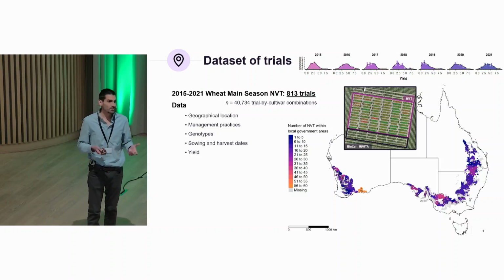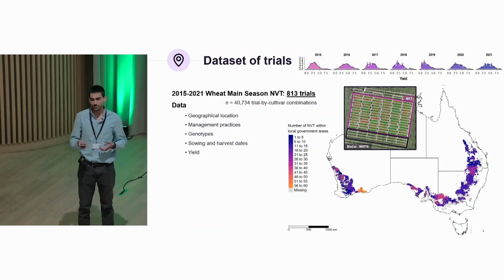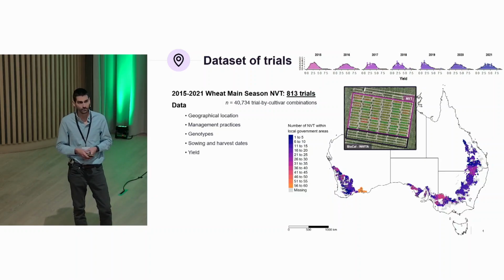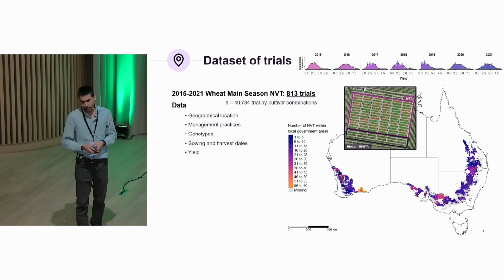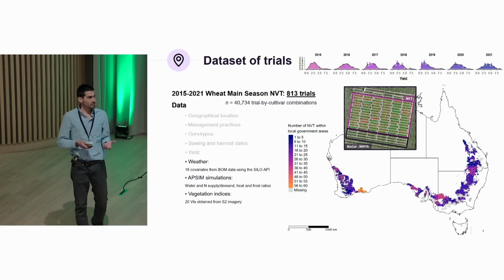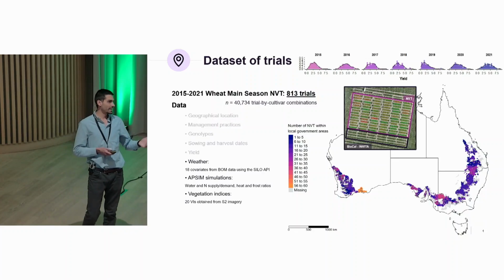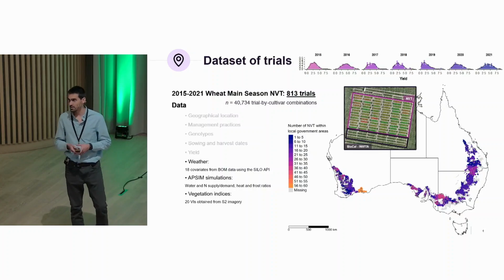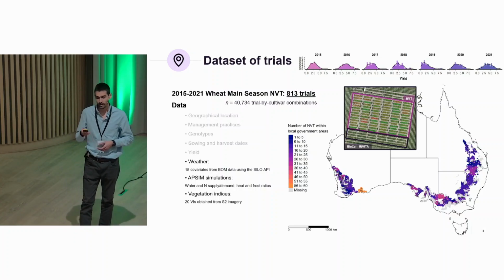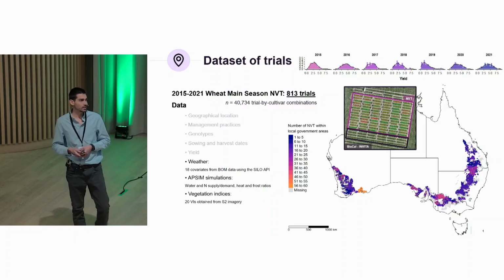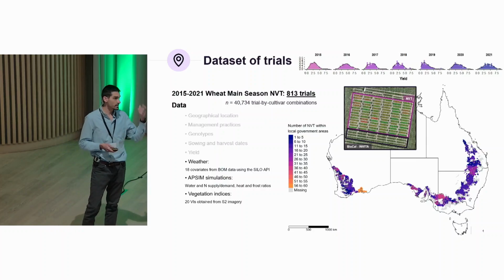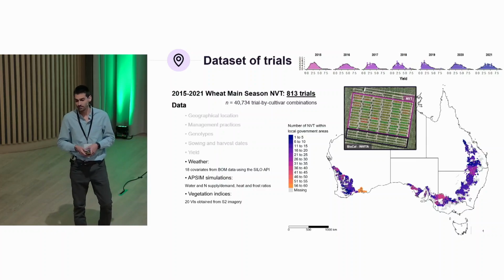And this is the basic information that we get: geographical location, management, genotypes, and of course, yield information. On top of that, what we want to do is basically to augment with information coming from the climate, APSIM simulations as well, crop removal, and then I'm going to talk a little bit about the indices that we can get also from remote sensing estimation.